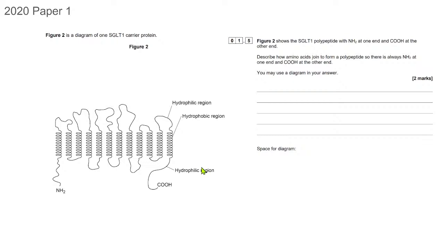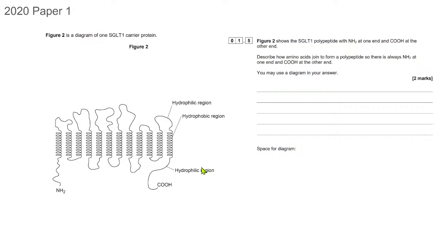So this is going back to your amino acid structure. Because you form a condensation reaction between your COOH, so your acid group, and your NH2, your amino group, that means there's always going to be one left over on the one side, the one that doesn't react.